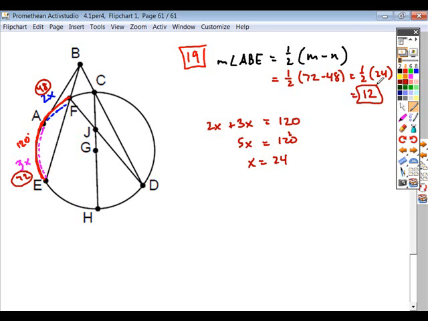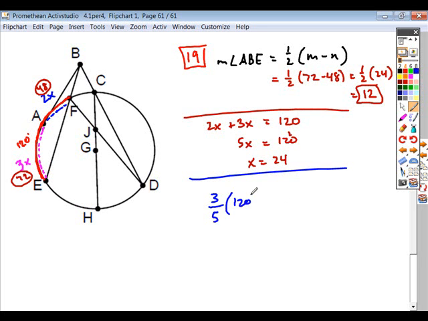And now there's a couple other ways to approach this. Instead of using the sum of the parts equals the whole, you could use the part to whole relationship. You could say that AE is 3 parts out of the whole. Well, a ratio of 3 to 2 means the total number of parts is 5. So 3/5 of this whole thing, 120, is equal to AE. And so 5 goes into 120.